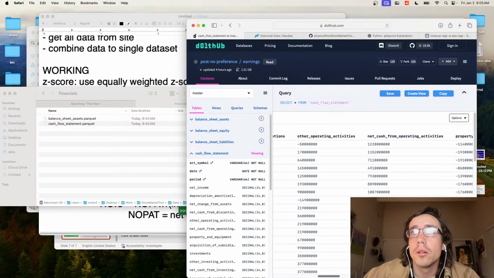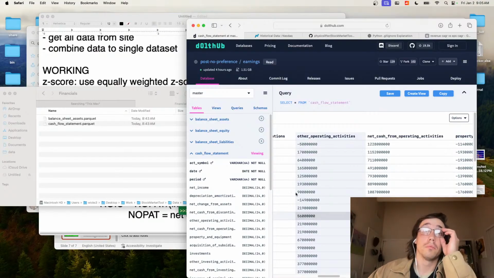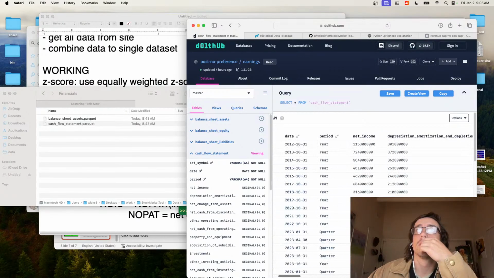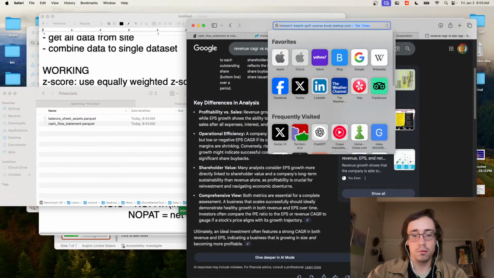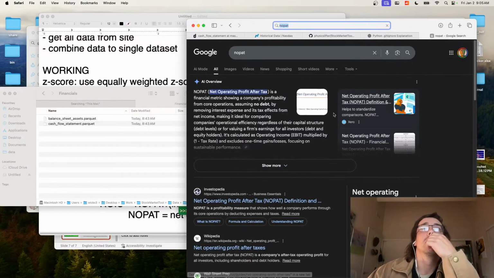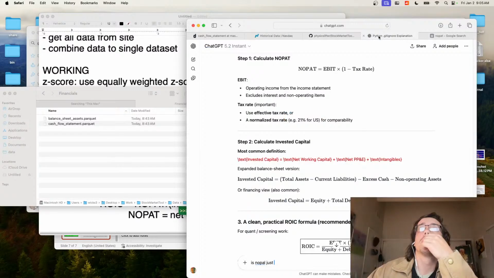Net cash from operating activities. So is NOPAT just net cash? No, what does NOPAT mean again? Net operating profit after tax.